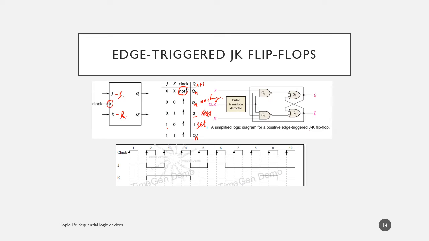If you want to understand why it's equal to Q prime, you can look at this diagram here. That's the internal logic circuit for the JK flip-flop. For the matter of time, I won't do the detailed analysis for this one. You can try it yourself if you are interested. Most of the time we will use the flip-flop as a whole, as a module, so you don't have to worry about that. You just need to understand this symbol and this table.